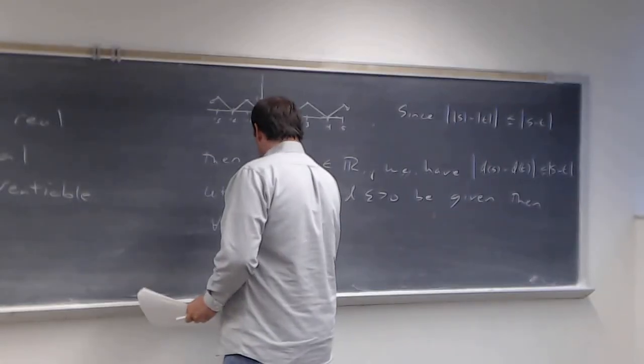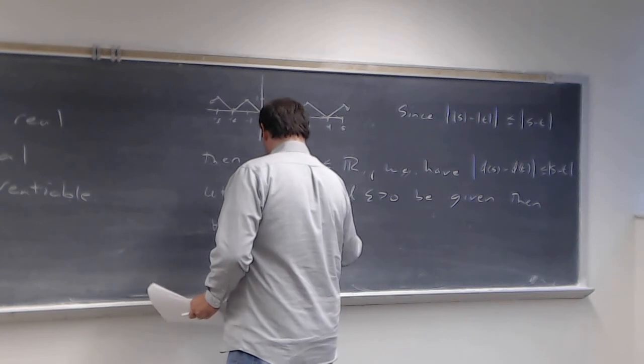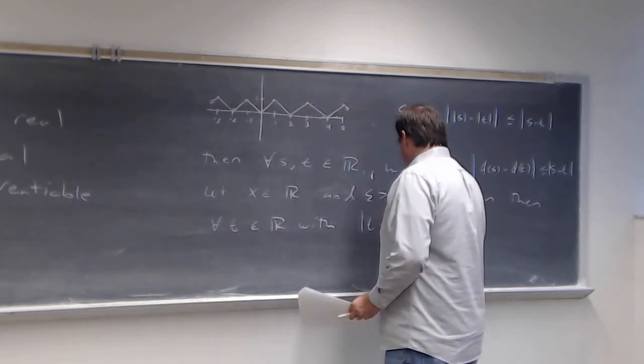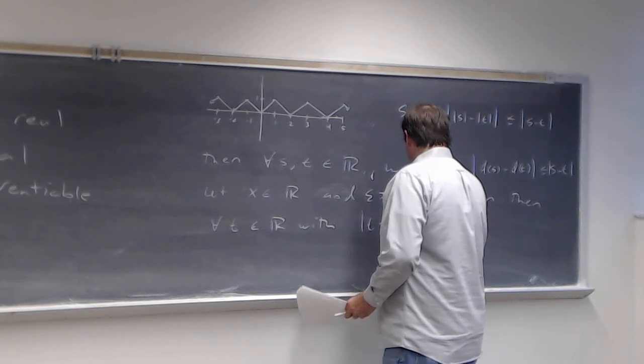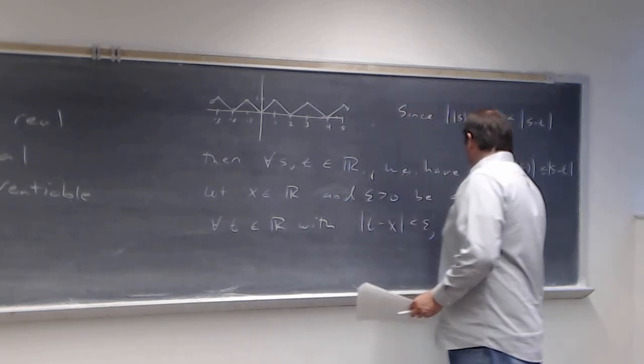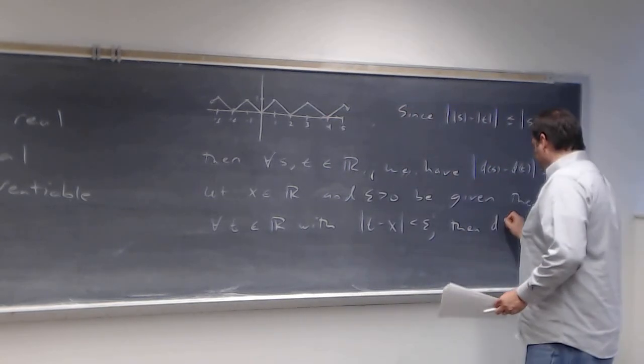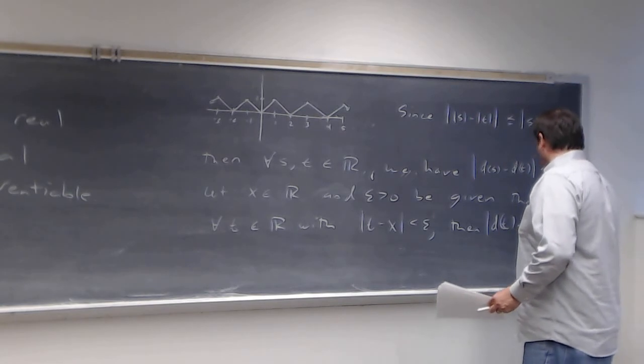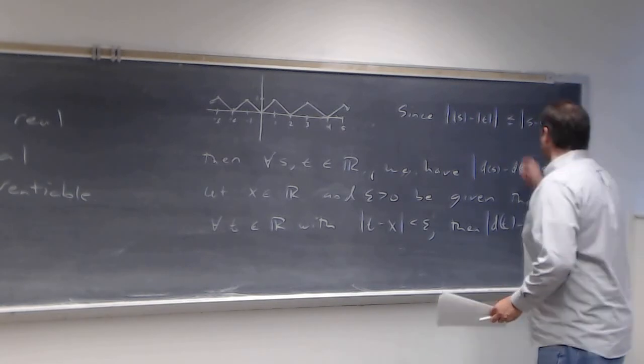Then for all t element of R with the absolute value of t minus x less than epsilon, the absolute value of phi of t minus phi of x will be less than epsilon because of this property.